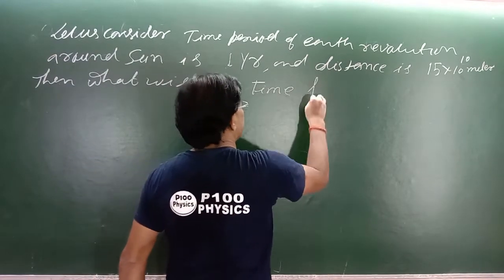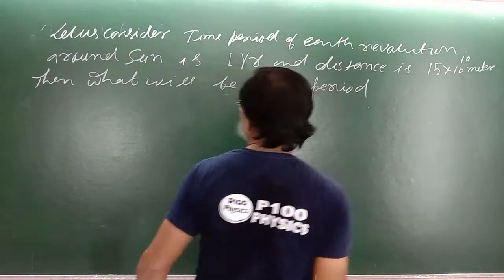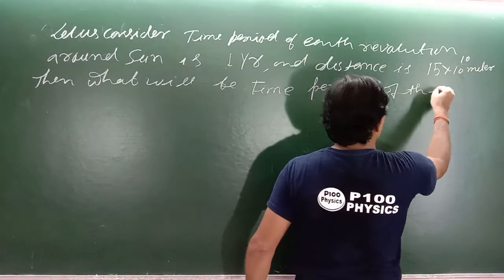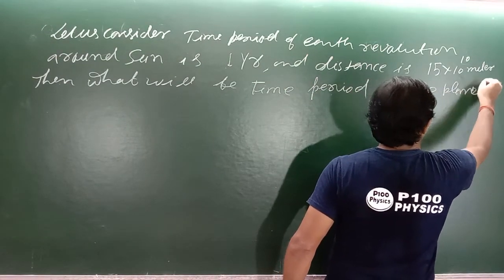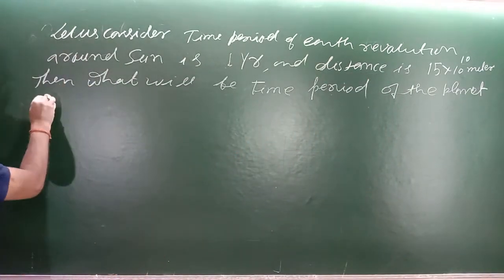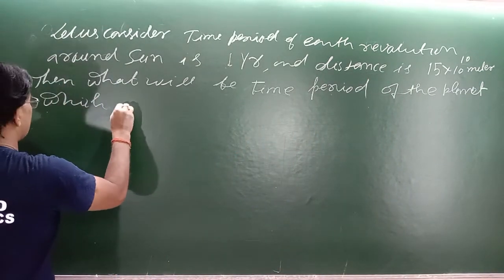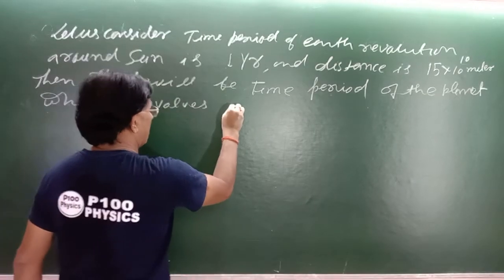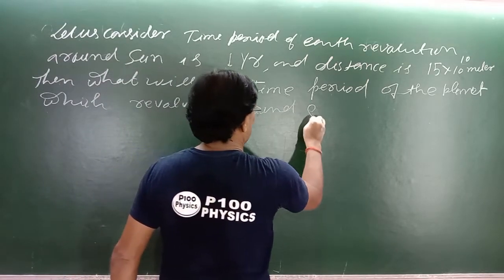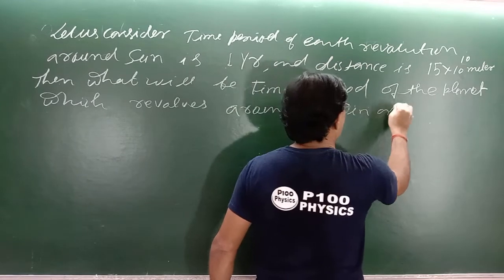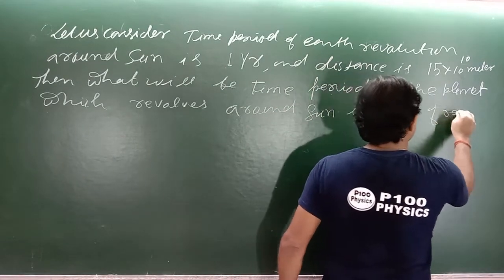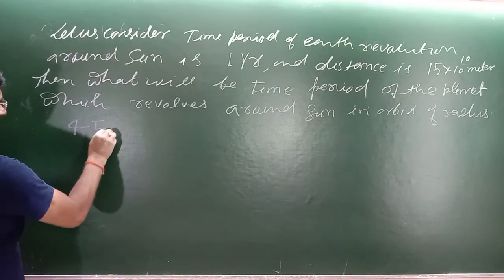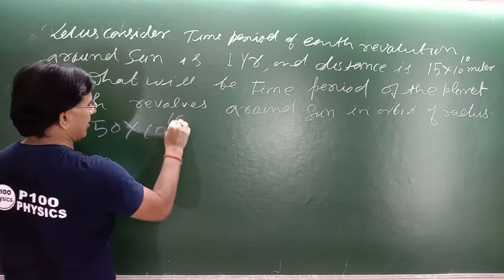the time period of the planet which revolves around Sun in orbit of radius 450 into 10 to the power 10 meters?